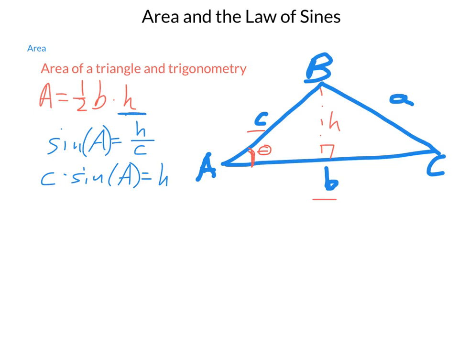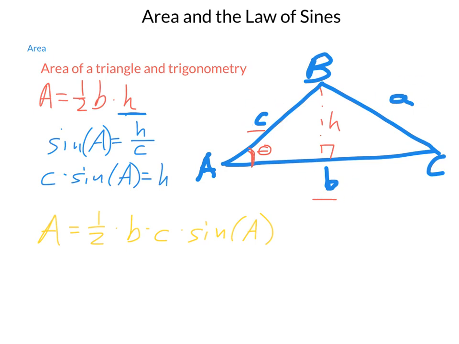Now, using substitution in for that piece, what I could end up with is changing my formula to area is 1/2 times side length B times this height, which is C times the sine of angle A. So in geometry, you should have been introduced to something called Heron's formula, which is a way of calculating the area of a triangle if you know all three side lengths.